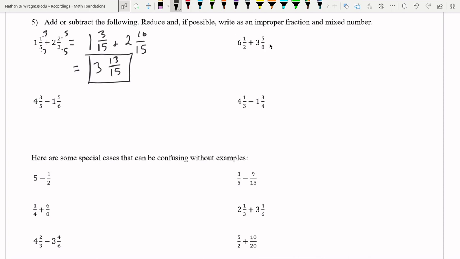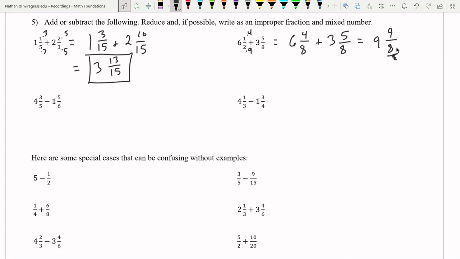The least common denominator between 2 and 8 is 8. So I'm just going to multiply this one by 4 over 4. That's going to give me 6 and 4/8 plus 3 and 5/8. Add the whole parts, 9. Add the numerators, 4 and 5 makes 9 over 8. This is an improper fraction, and a mixed number never has an improper fraction next to it.